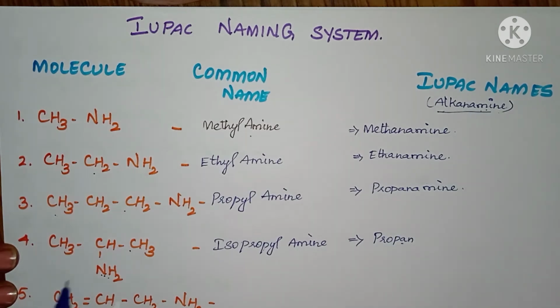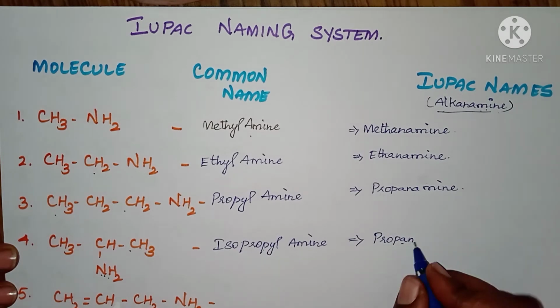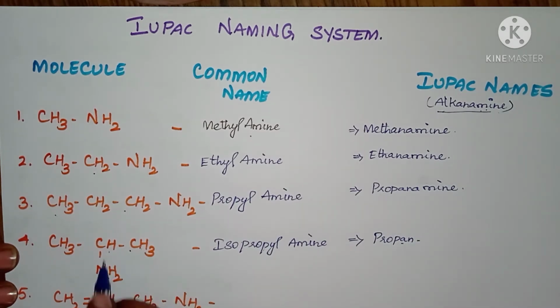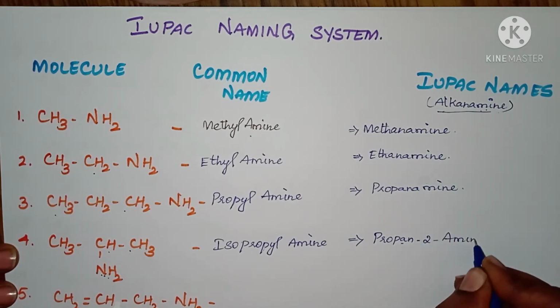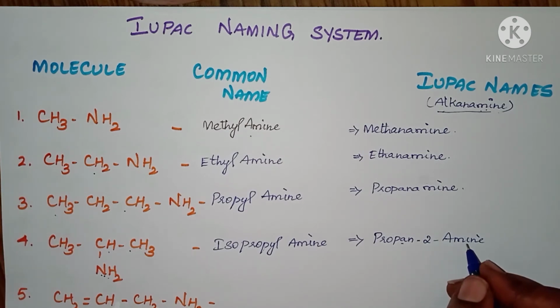AN means single bond, EN means double bond, and YN means triple bond: alkane, alkene, alkyne. So here propane, and the amine group is attached to the second carbon. Propan-2-amine. Okay, it is a small letter, you have to write it.